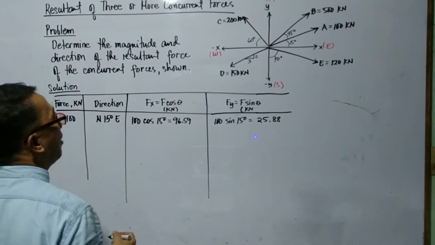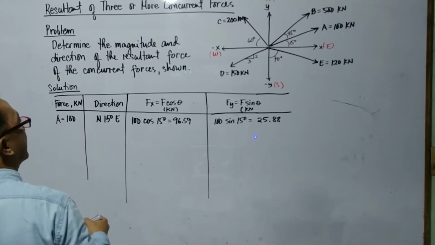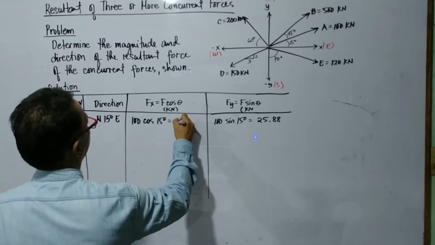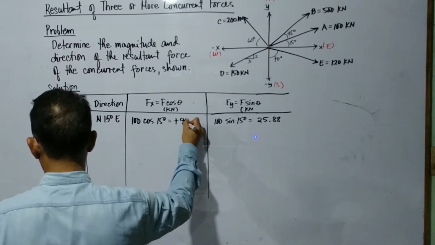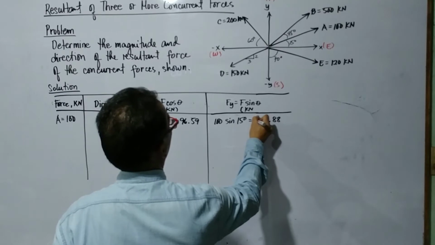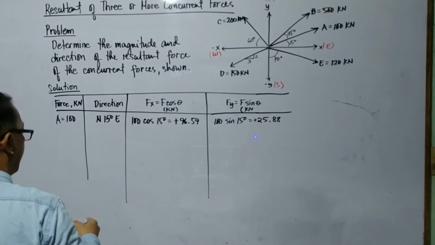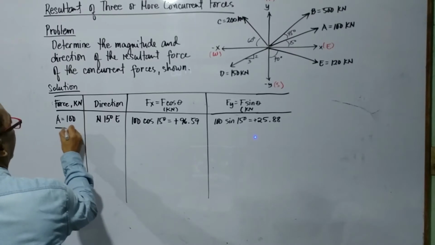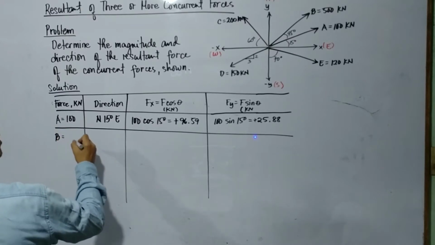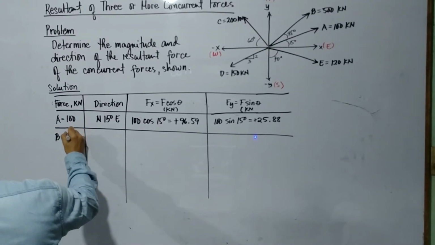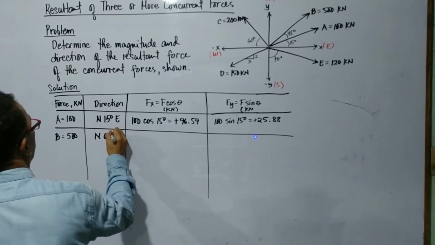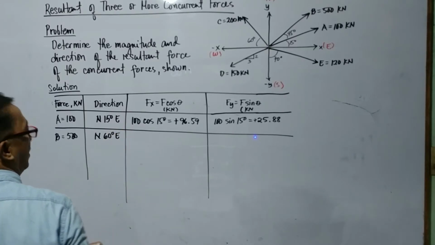Now, you have always to consider the sign. This is positive. This is also positive. For force B, we have 500, north, 60 degrees of east.